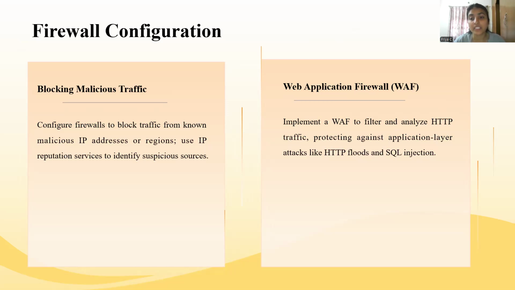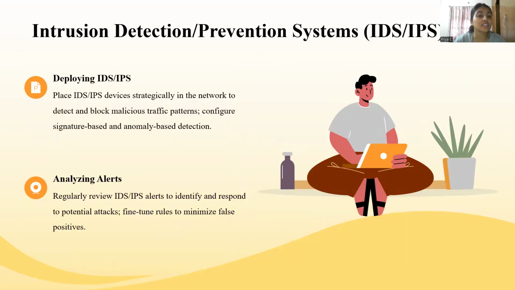Whereas in a web application firewall, we will implement a WAF to filter and analyze the HTTP traffic, protecting against application layer attacks like HTTP floods and SQL injection. In intrusion detection and prevention systems, we have two major sections.